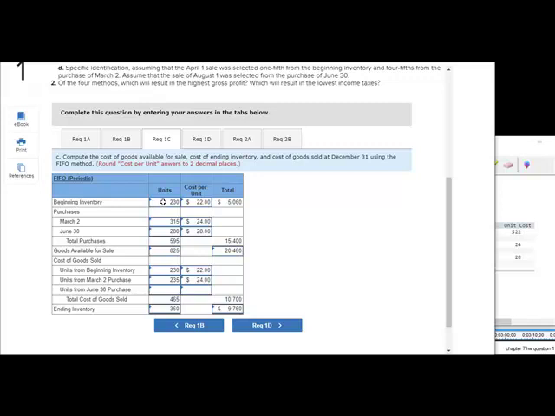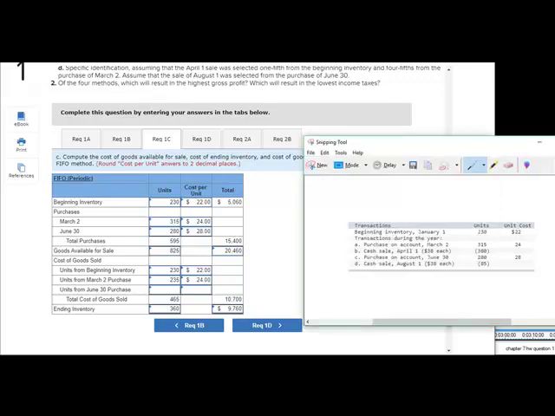this period. So remember, going back to our data, we sold 465 units total. That's how many we need to account for in our cost of goods sold calculation. So first I'm going to assume that we sold the 230 units in beginning inventory, which cost $22.